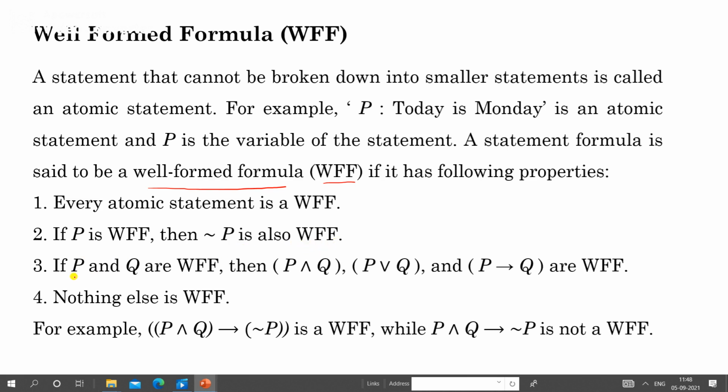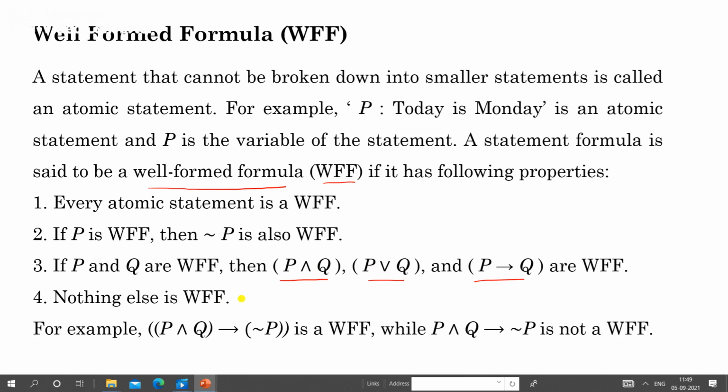Now suppose P and Q are two well-formed formulae, then P and Q, meaning conjunction, disjunction and conditional of these two, are well-formed formulae. It means if we already have well-formed formulae, then using and, or, conditional, we can form well-defined formulae. Nothing else is a well-formed formula. Other than this, no other formula is a well-formed formula.